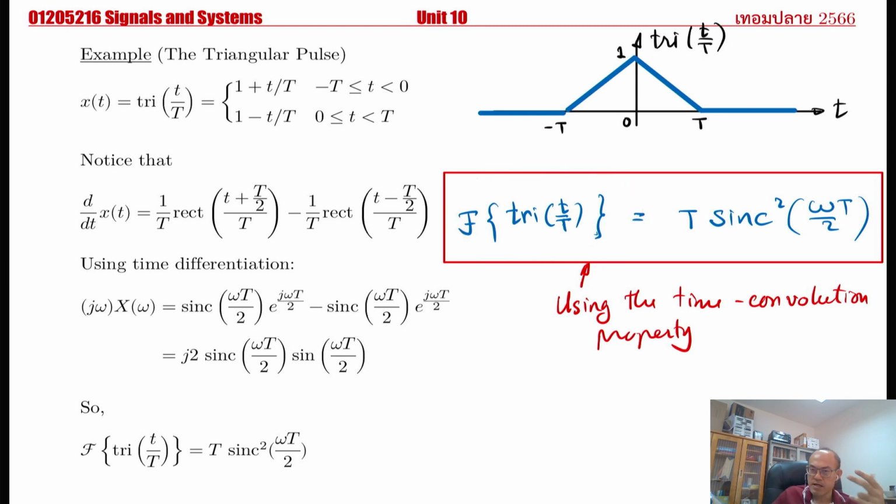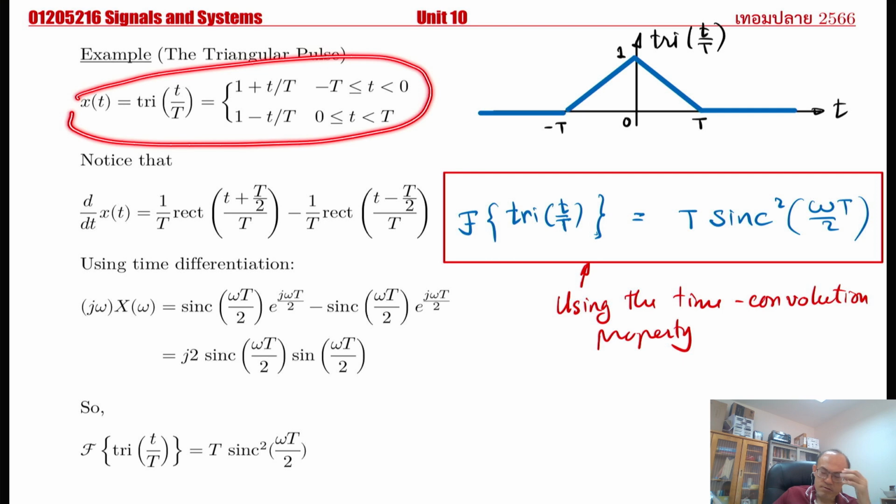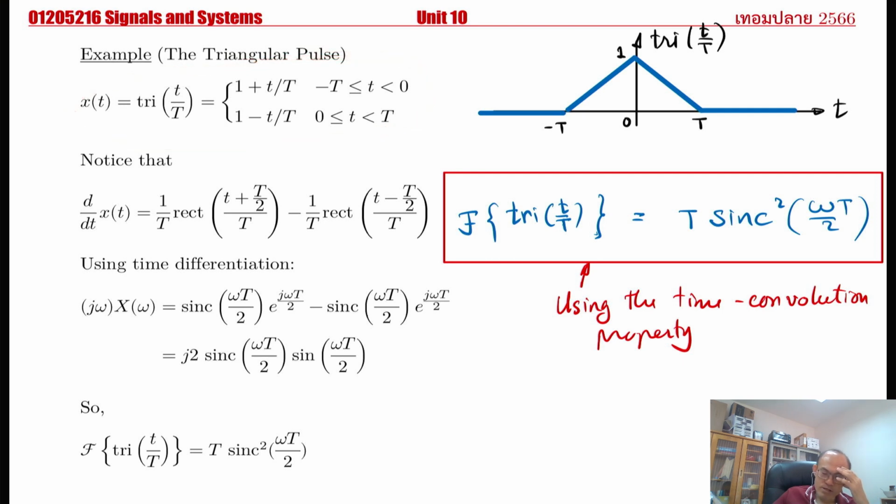I would like to say again that this result is by using the time convolution property, but now instead I'm going to use the differentiation property to find this one, and you'll see that they will exactly match. The result will be identical to each other. So to do that, we're going to define x as this triangular pulse, and then we differentiate x with respect to time.